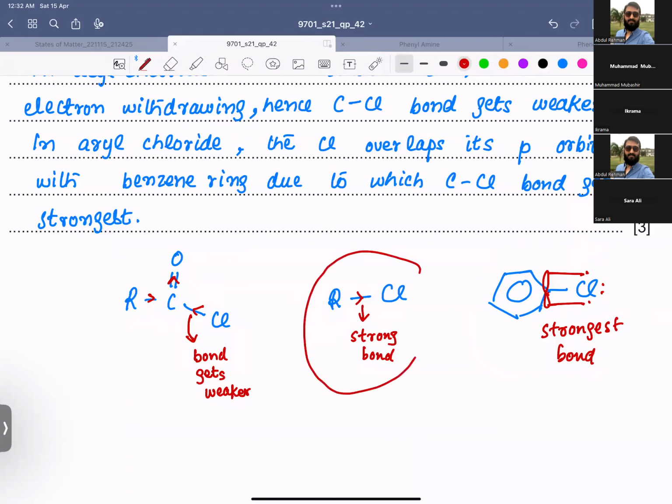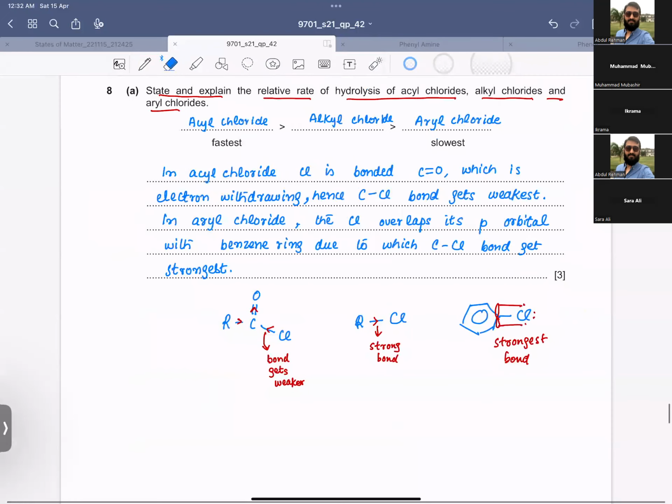To hydrolyze this one would be relatively easier, and this one can readily hydrolyze because the bond is weaker over here. And that's what we have mentioned over here. Is this clear or still confusion?